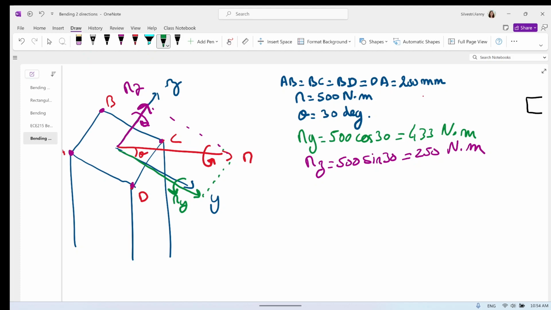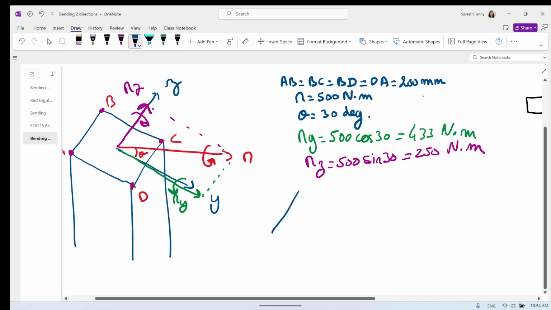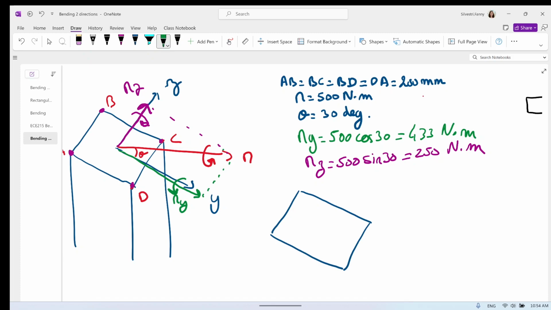So what we need to do is look at both moments independently. I will draw this surface two times, and we will look at only the effect of My. So what happens is that those fibers are going up, tension, and those fibers are compressed.